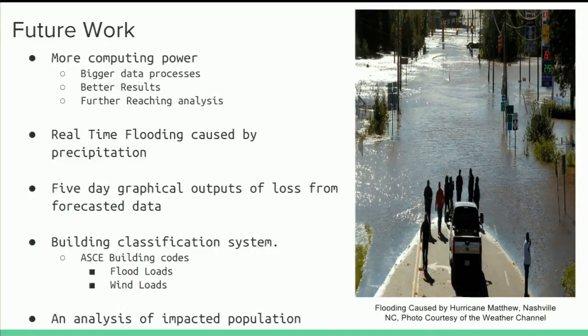A BIM, a building infrastructure model, would be really useful for the insurance industries. Then, of course, the only thing that's more important than money is people. So, impacted population. And this is, of course, Hurricane Matthew in Asheville, North Carolina. And yeah, that's it. Any questions?